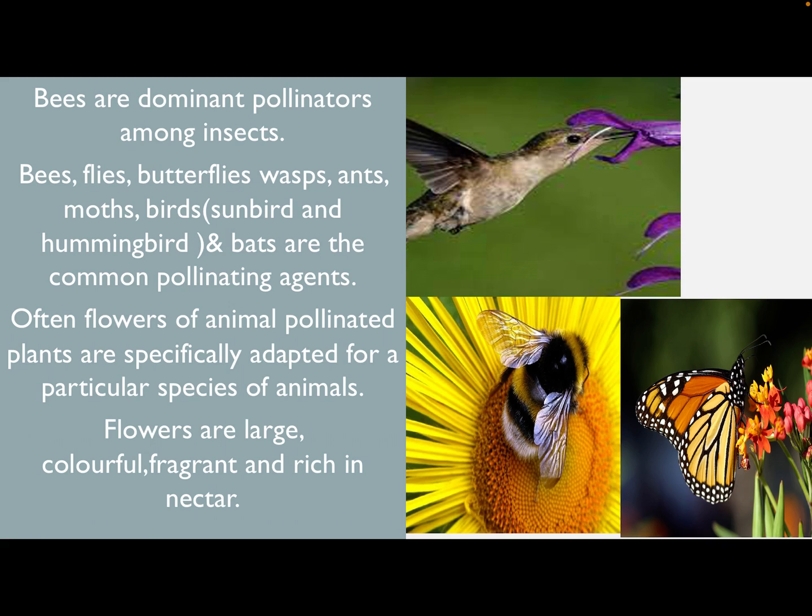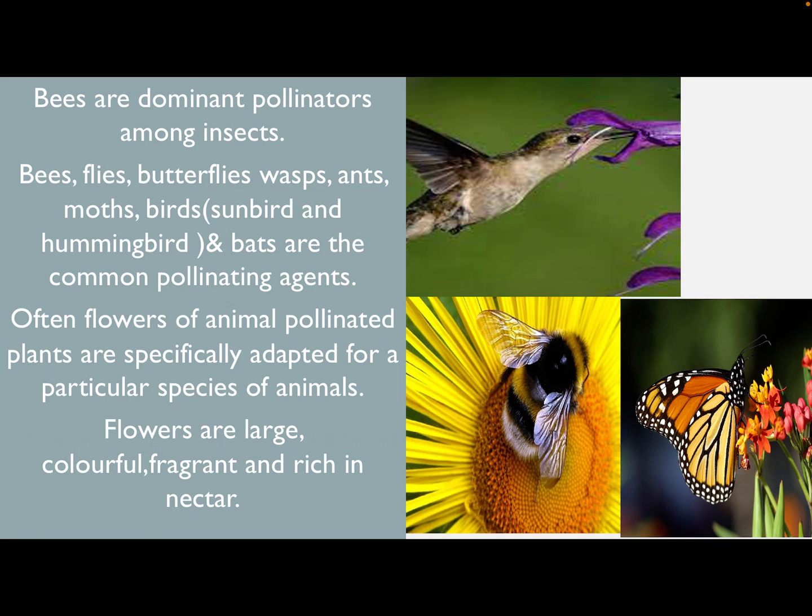Butterflies have a needle like nectar sucking apparatus, so they can pollinate very small flowers. You can see here all the flowers are adapted for a particular type of insect. So any insect cannot pollinate any flower. They are adapted for each other and they are particular for each other.